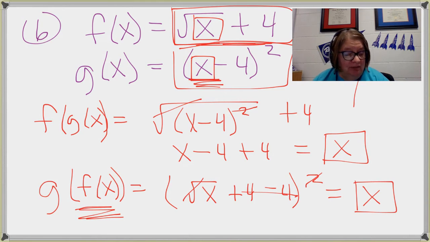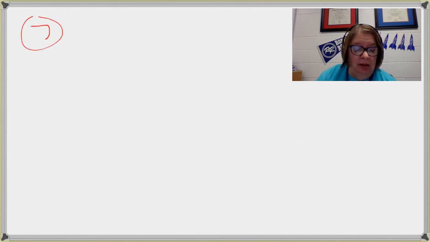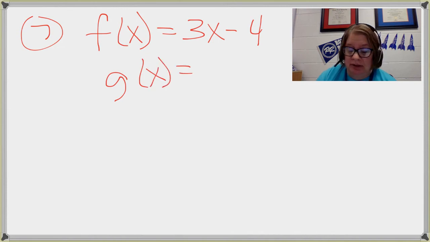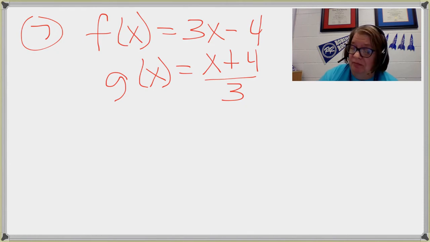That leaves you number 7, which is like number 1, and number 9, and number 10. Let's go with number 7. F of x is 3x minus 4. G of x equals x plus 4 over 3. Determine if f of x and g of x are inverse functions.